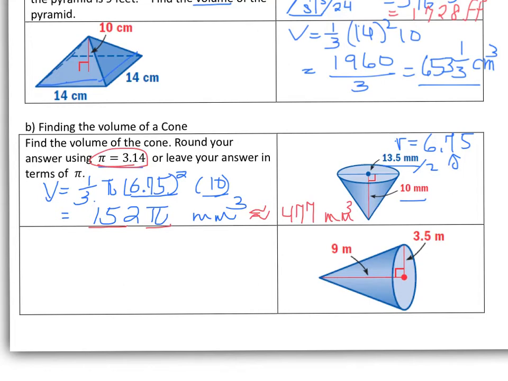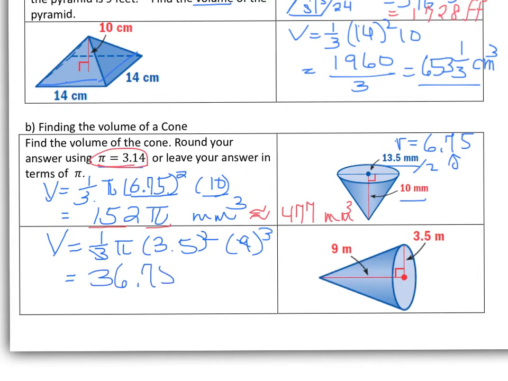Right, and let's just do one more problem with cones. So volume equals a third pi times a radius of 3.5 squared, and then multiply that by 9, the height, and you should get 36.75 pi.